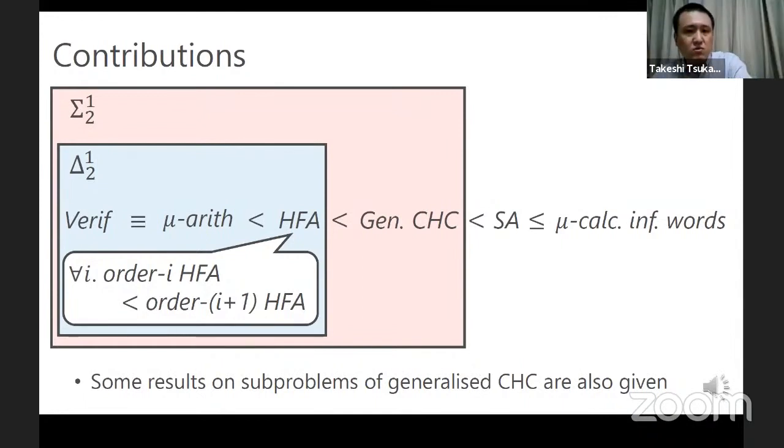Yeah, I think it's a very interesting question, and I have no idea about its answer. I tried to find such a problem, but as long as I tried, some extensions of CHC are strictly easier than the verification problem or strictly harder.